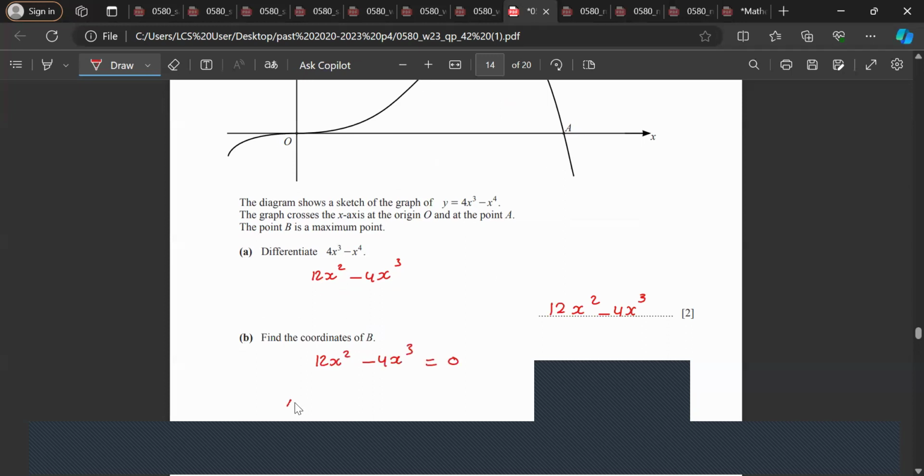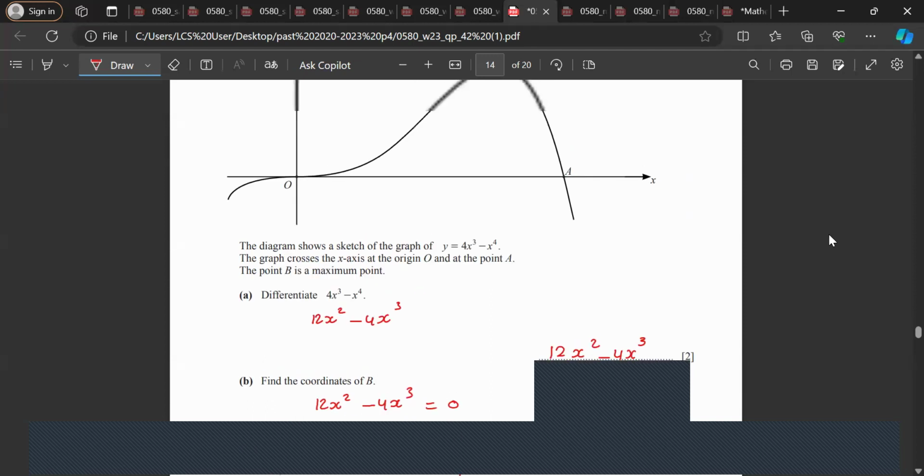Then I take 4x squared as common factor. What will remain here? 3 minus x, equals 0. So from here x equals 0, and from here x equals 3.